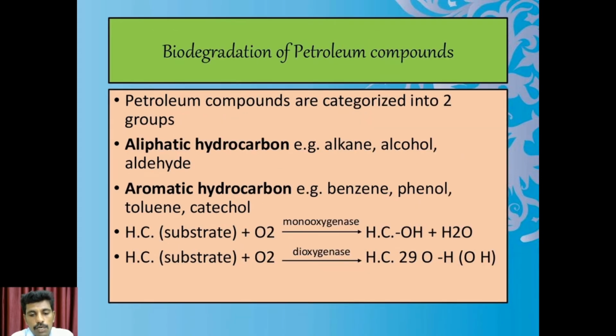Biodegradation of petroleum compounds: petroleum compounds are categorized into two forms, aliphatic hydrocarbon and aromatic hydrocarbon. Examples of aliphatic hydrocarbons are alkane, alcohol, aldehyde and so on. Benzene, phenol and toluene are examples of aromatic hydrocarbons.